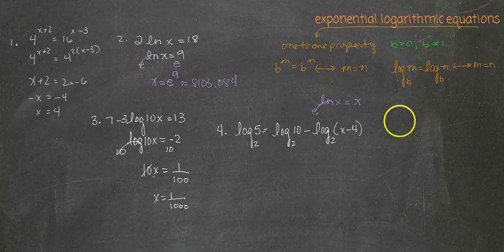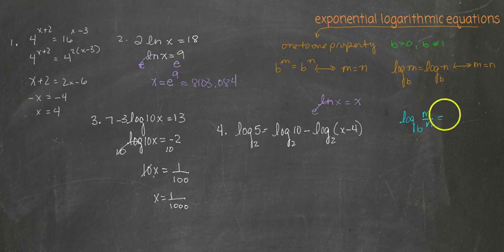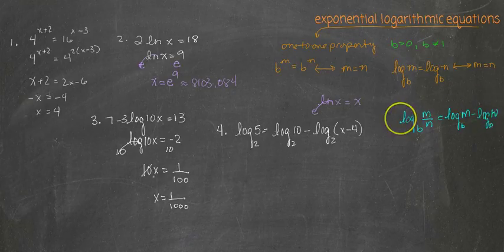That's the one that reads that log base b of m divided by n is equivalent to log base b of m minus log base b of n. And I just want to work in reverse order. I have the right-hand side, I'm going to move to the left-hand side.